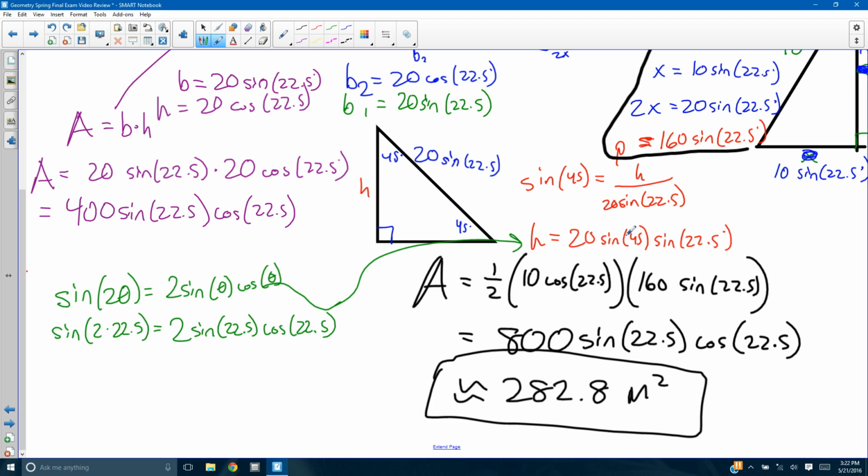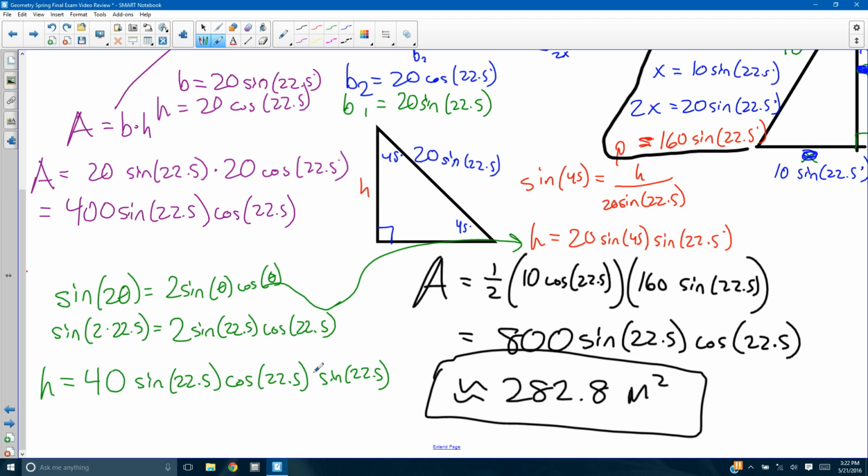So that sine of 45 right there, I'm going to change into that, which means that 2 is going to multiply with this 20, which means that's going to be a 40. Okay? So h is going to be equal to 40 times the sine of 22.5 times the cosine of 22.5 times the sine of 22.5. There's another one.